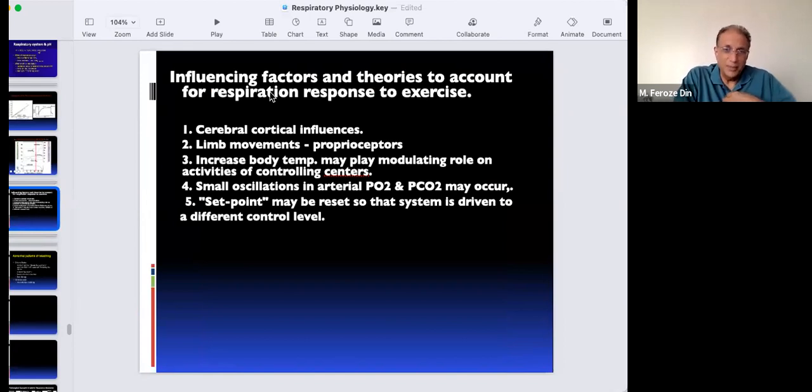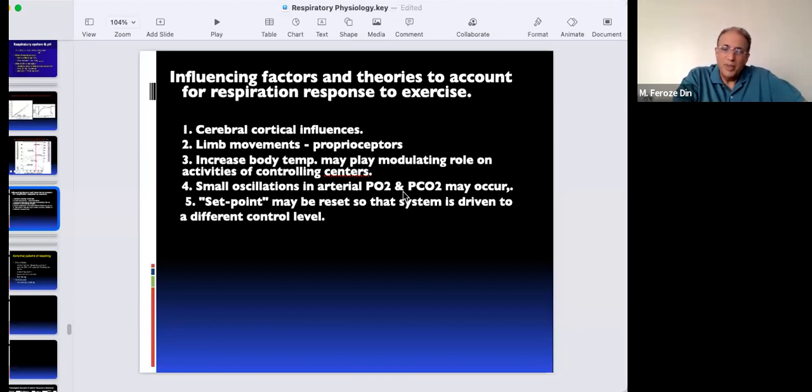We say that there is cerebral cortical movements, influences the thought of exercise, as I told you, proprioceptors, the body temperature. As you exercise, your body temperature rises, and this may actually modulate the role of the controlling centers. And there may be small oscillations that I told you in tenths or hundreds of a millimeter of mercury.